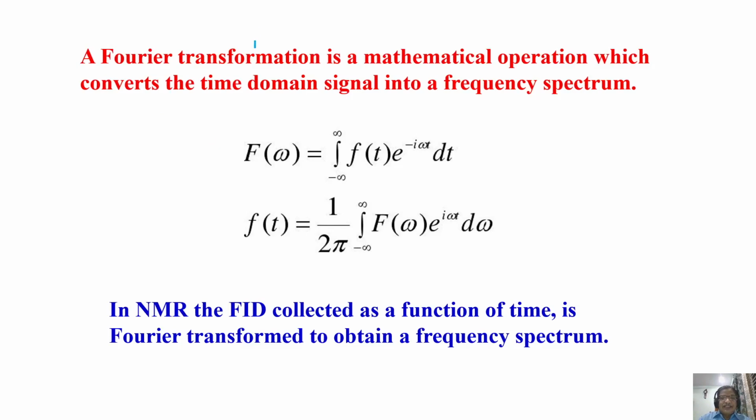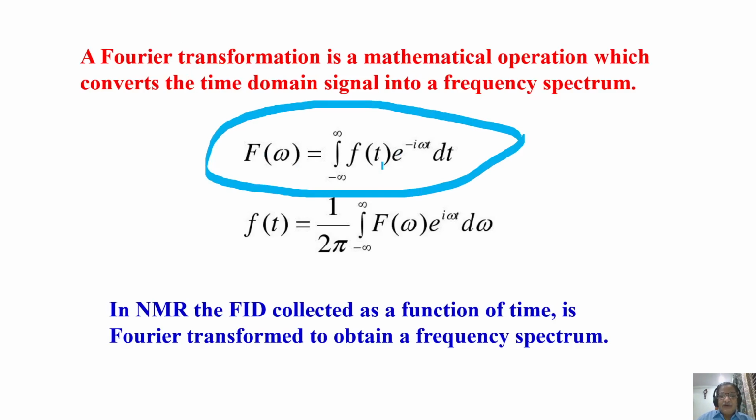Of course, we have been discussing this from the early classes, the first, second, or third class itself. A time domain signal can be converted to a frequency domain signal by a mathematical operation called Fourier transformation. Then I said time and frequency are Fourier pairs. So this is the formula for converting the time domain into the frequency domain.